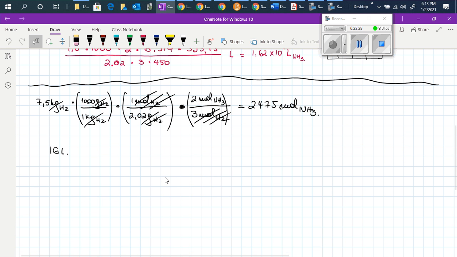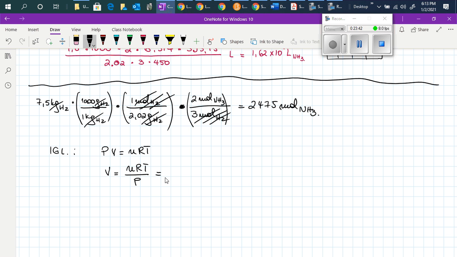Ideal gas law, PV is equal to nRT, to find V as nRT over P. And then you go 2,475 times 8.314 times 353.15 over 450, and you will have a volume of 1.62 times 10 to the power of 4 liters.